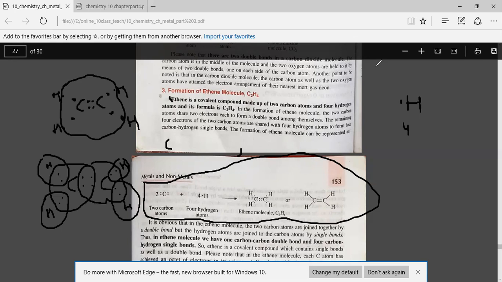Have you written this also? So we have these 4 electrons.